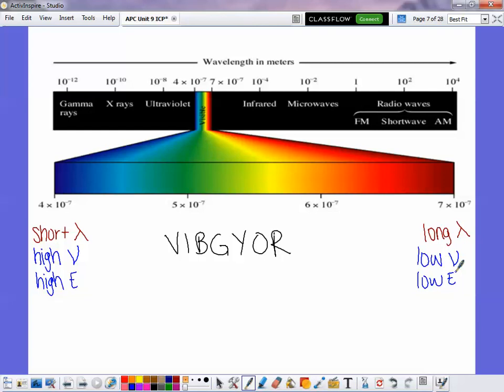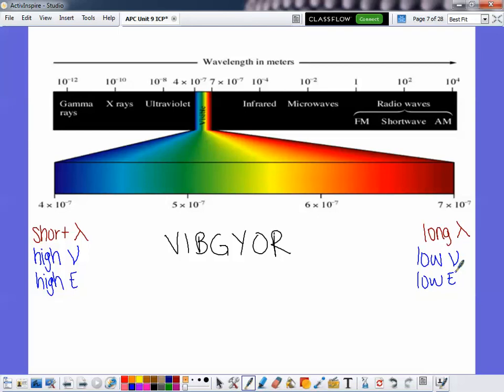It's 4 times 10 to the negative 7 meters to 7 times 10 to the negative 7 meters. That's 400 to 700 nanometers. So for visible light, when you're converting from nanometers to meters, you're pretty much always going to have times 10 to the negative 7, which is going to make the frequency times 10 to the 14th and make energy times 10 to the negative 19.